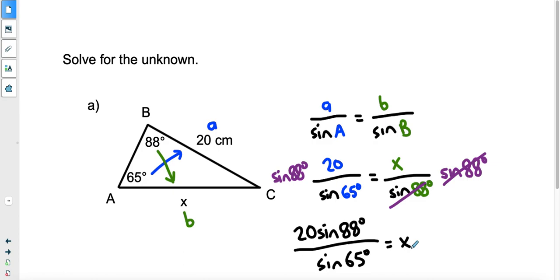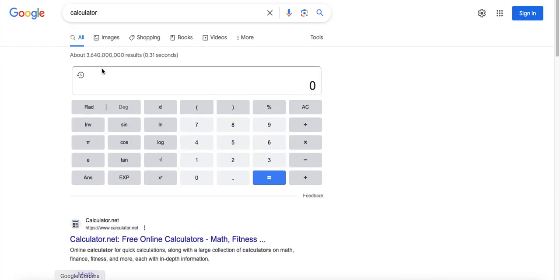Let's try this in our calculator to figure out what the answer is. I'm just going to open up my calculator and try this out. Now, when you're doing this in your calculator, make sure you are in degree mode. Okay, so I'm going to do 20 times sine of 88, and I'm going to divide that by sine of 65 degrees.